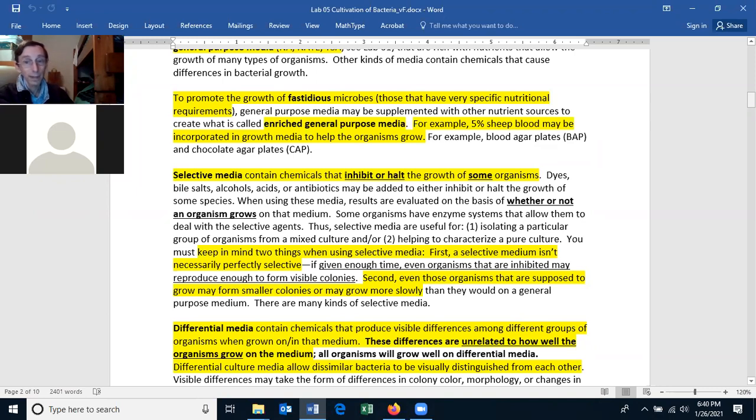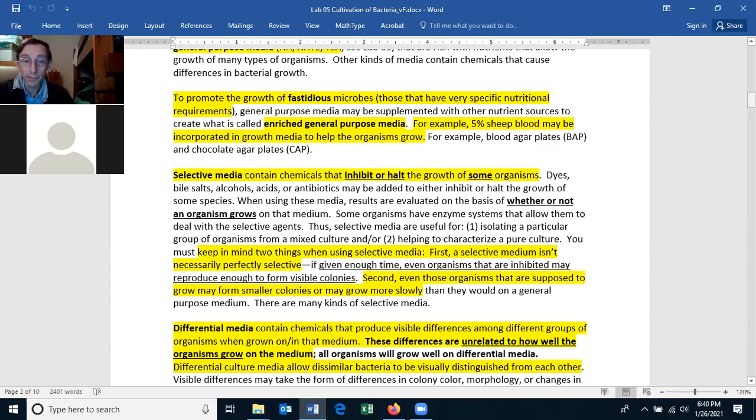First, a selective media isn't necessarily perfectly selective, meaning it may not select against all things 100%. And second, even those organisms that are supposed to grow in the selective media may form smaller colonies than when growing in general purpose media. So the selective media usually isn't perfectly selective, meaning 100% selective.